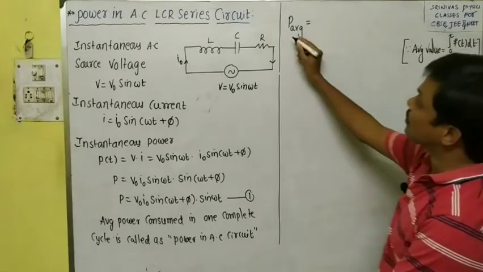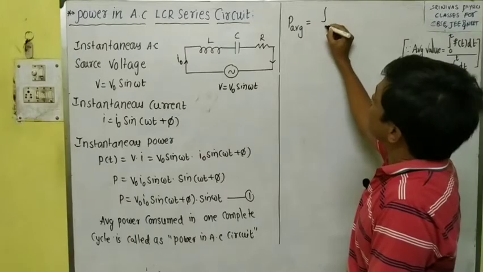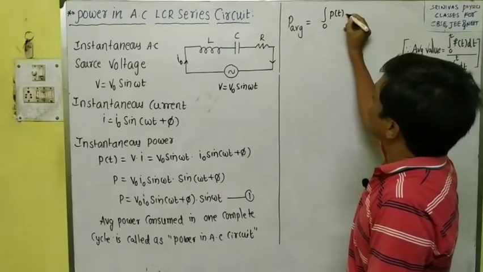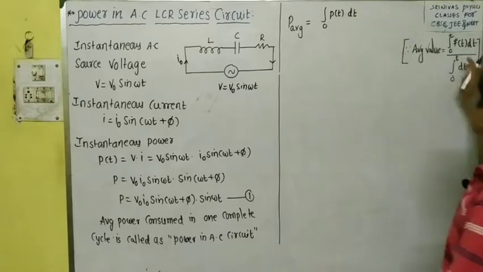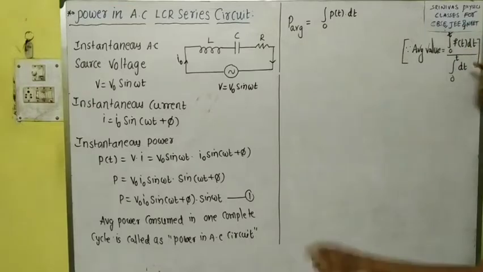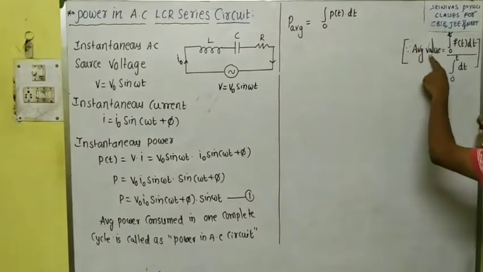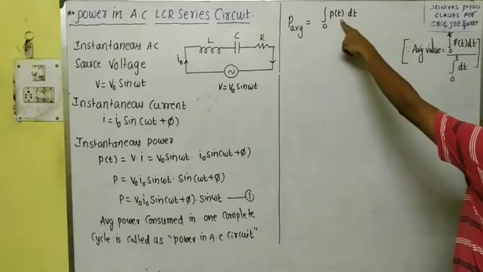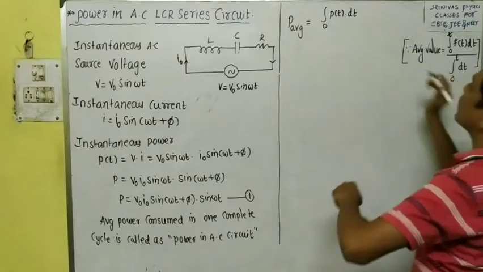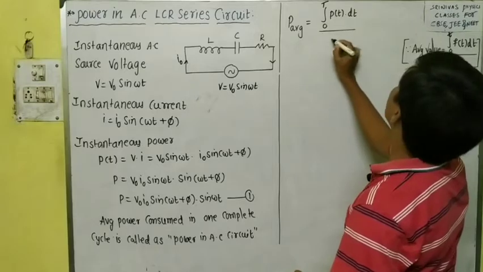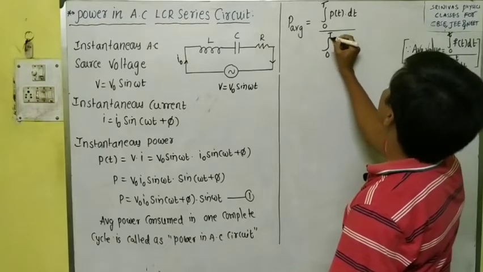Then for the average value of power, we have to take the function as p(t) dt. Here the function is the power function. Average power is the integral of p(t) dt, and the limits in one complete cycle are 0 to capital T, divided by the integral from 0 to T of dt.